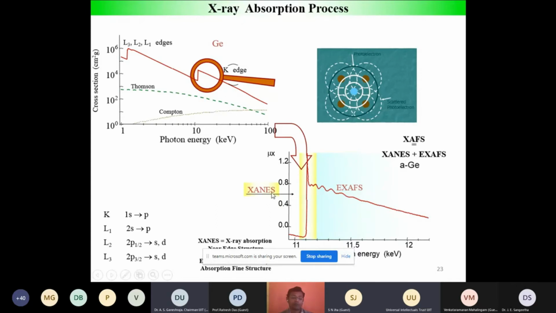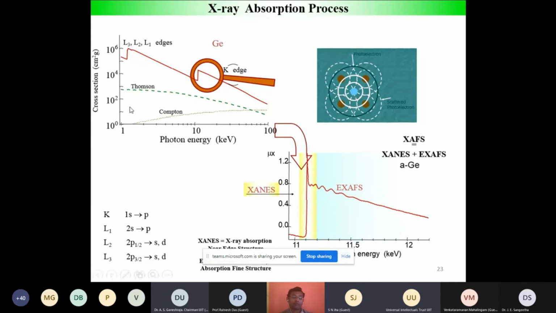And so basically this is due to the photoelectron wave which is coming out. You can understand it like this: when you send in the photon energy, an electron is knocked out, let us say from the K shell, 1s, and this photoelectron wave which comes out, if it sees some backscatterer, and that is possible only in condensed matter, so this is sensitive only to condensed matter material.